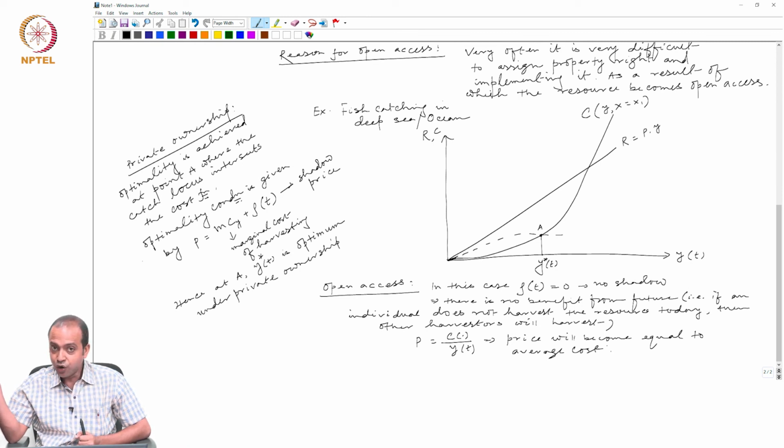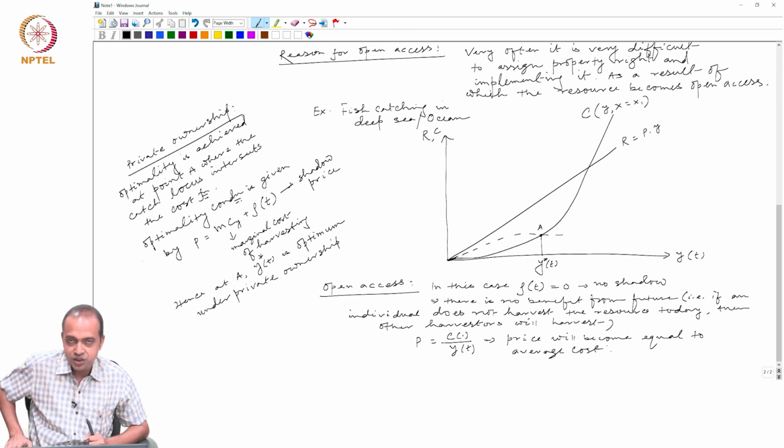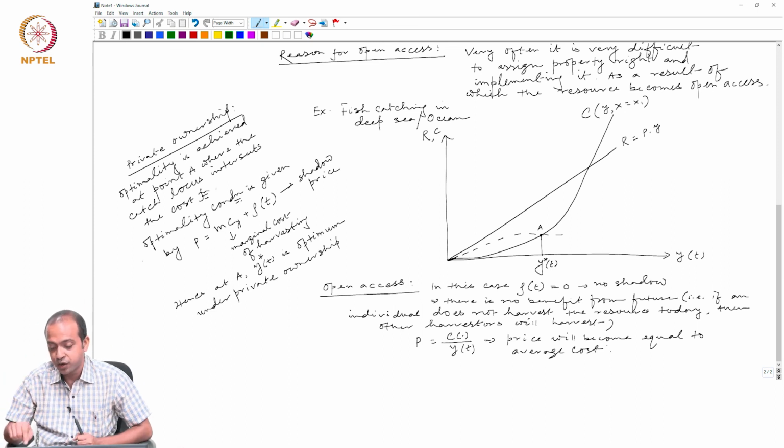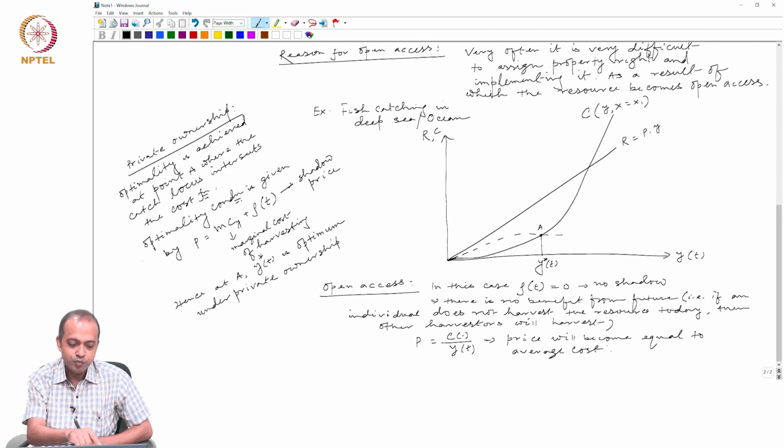That is why in the long run equilibrium, P equals MC equals LAC, the long run average cost curve. You can apply a similar analogy here. When there is private ownership, price equals marginal cost of extraction plus rho t. The moment we make it open access, rho t becomes 0, and price becomes equal to only average cost.